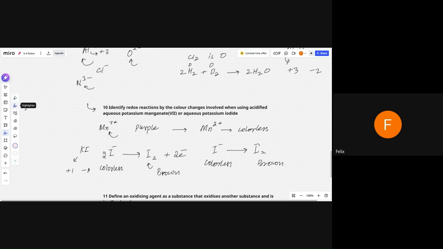You have to remember these two color changes: Mn7+ is purple and Mn2+ is colorless, and the other one, iodide ion, is colorless, and its oxidized form is brown, right? So remember this. Okay, I hope this is clear. Now we move on to the next part.